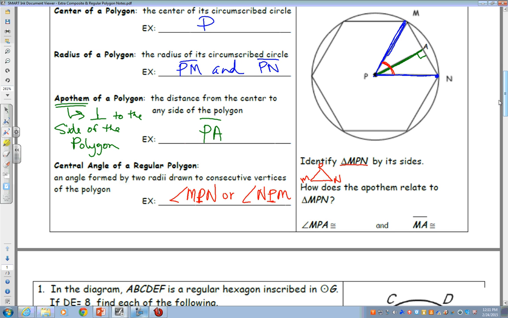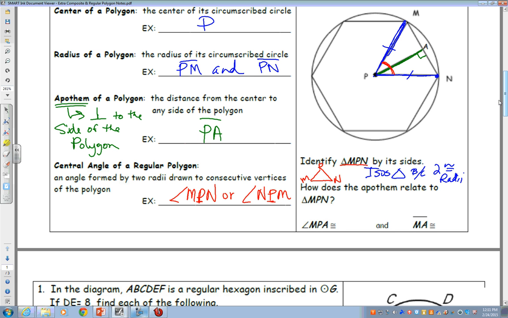It is isosceles, because aren't these two radii? And the radii are congruent. So this would be an isosceles triangle because of the two congruent radii. You need to add that to your notes. Being able to recognize the parts is going to be the key to doing these types of problems.